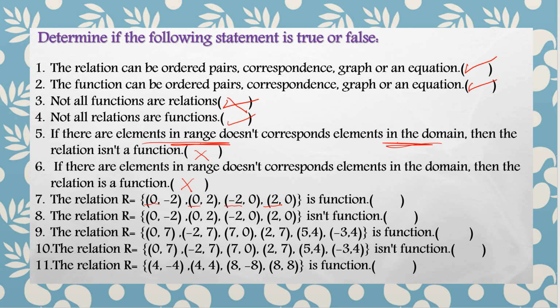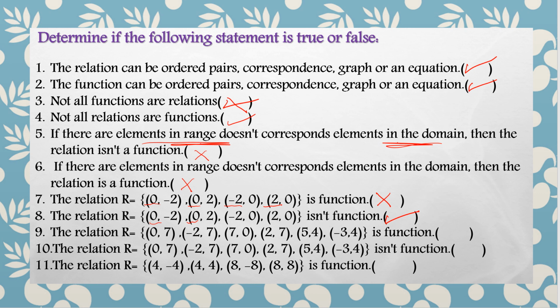This is a relation but not a function. So the answer is false. Statement 8, this relation isn't a function. Here, yes, this is not a function because 0 here corresponds to -2 and 2, so this is true.